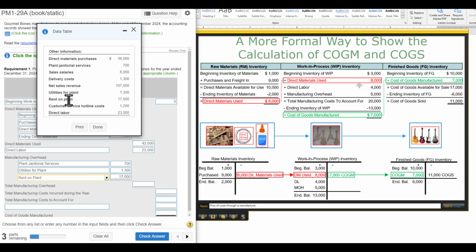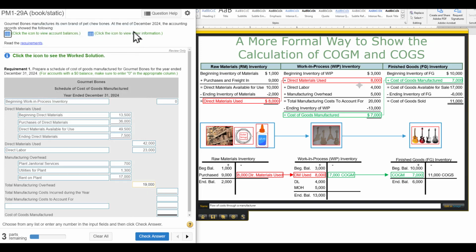Now if this was rent on the headquarters where they don't manufacture, or on the sales buildings, that's not included in manufacturing overhead. So then we're going to add these up. 700 plus 1,300 gives us 2,000 plus 17,000 gives us 19,000 of total manufacturing overhead.